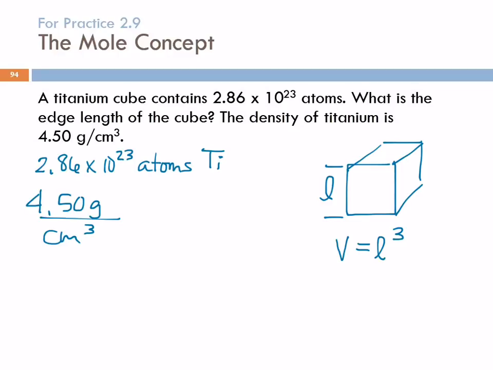Periodic table, molar mass of titanium. 47.867. So from the periodic table, 47.867 grams of titanium is equal to 1 mole of titanium.